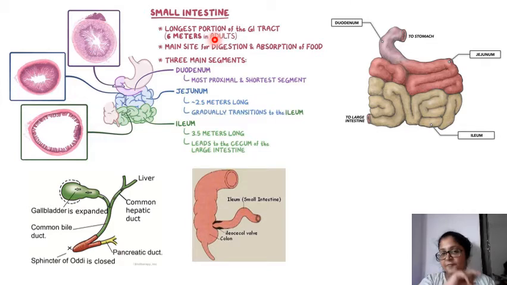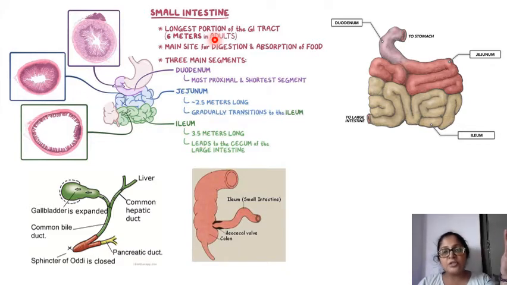It starts at the pyloric sphincter from the stomach and coils through the inferior part mainly of the abdominal cavity. It coils and turns, and eventually opens into the large intestine.